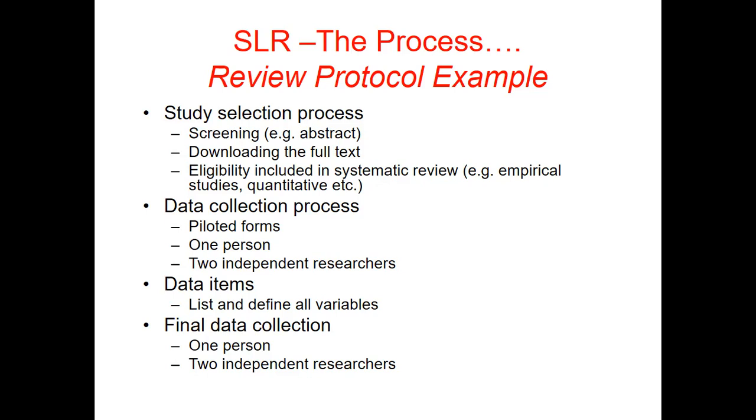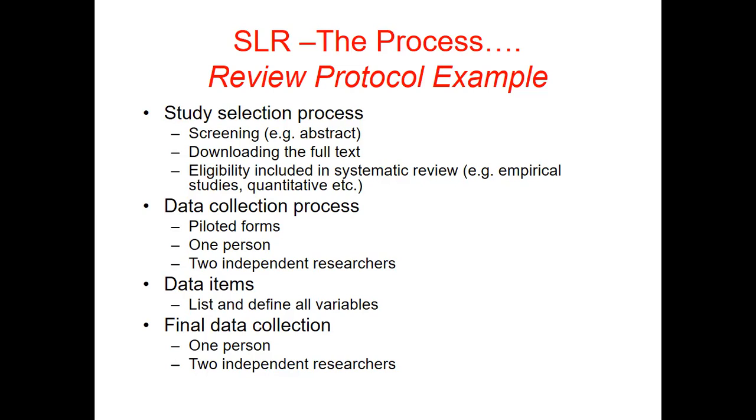Data collection processes, okay. Of course, you may need to use some forms. Because you're following some procedure, you'll be keeping a log of how many you are excluding and what the reasons are. How many people are involved? One person, two independent researchers, etc. These need to be reported.